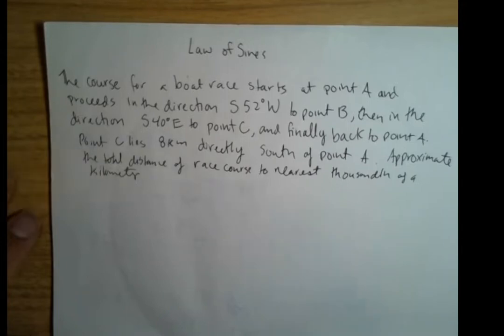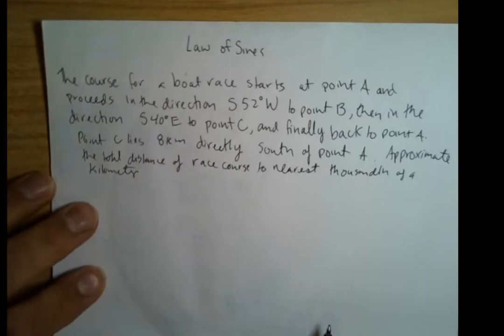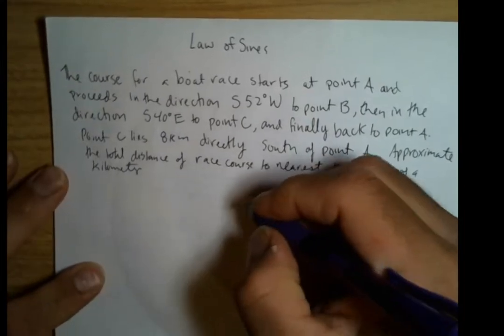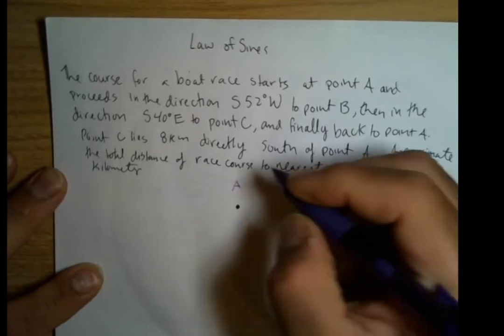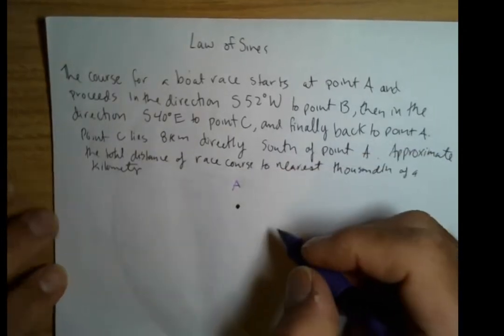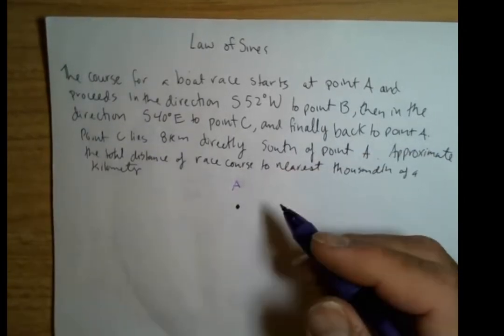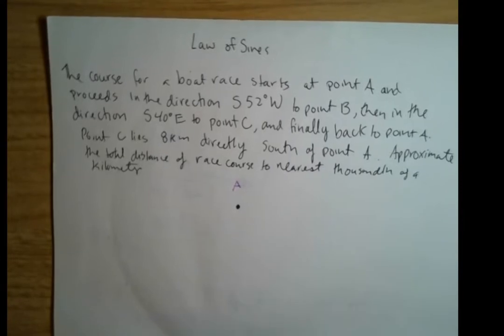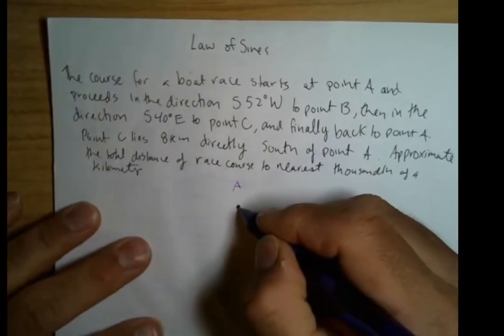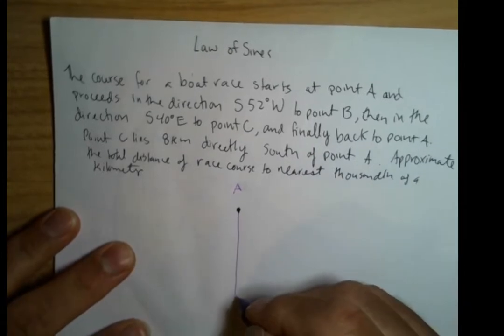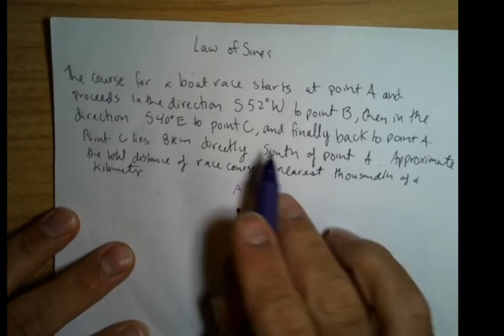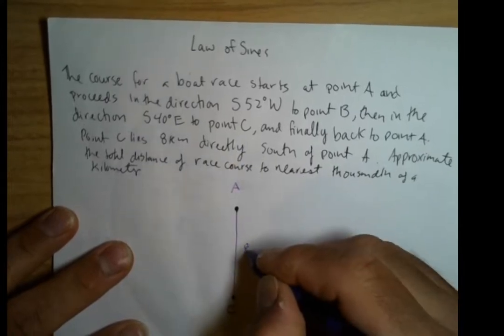So the hardest part here is always where to get started, right? I know we have some kind of boat race. We start off at point A. And we know point C is directly south, and that is 8 kilometers.